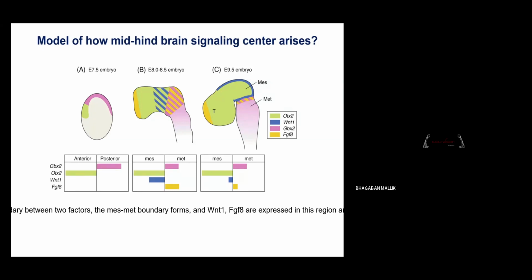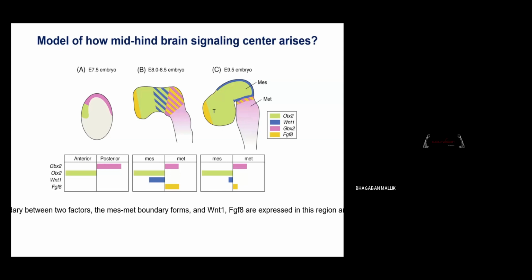What happens is that two homeobox transcription factors, OTX2 and GBX2, define the anterior and posterior polarity of the brain. OTX2 is required for the anterior development, like the midbrain and forebrain, and GBX2 is required for the hindbrain, the rhombencephalon development. So in the early stage of the embryo you have anterior-posterior polarity, with expression of OTX2 and expression of GBX2.